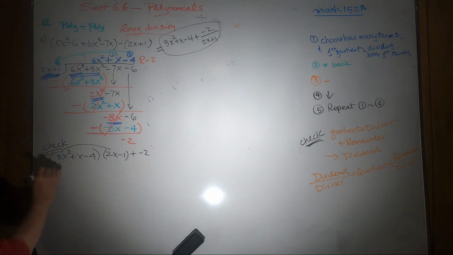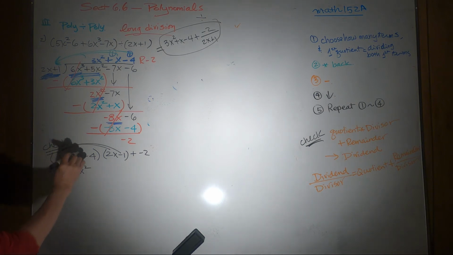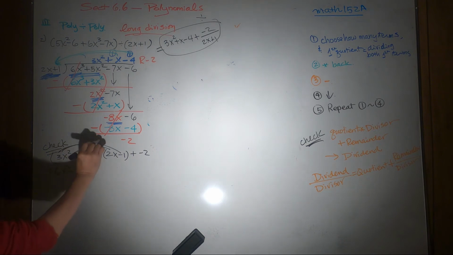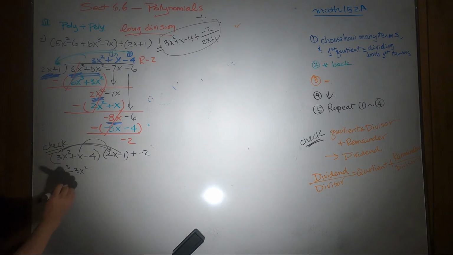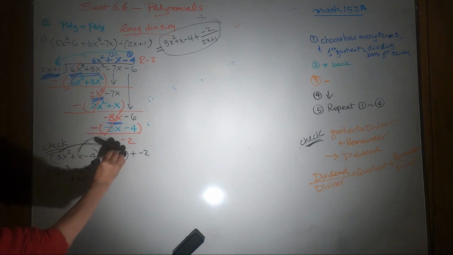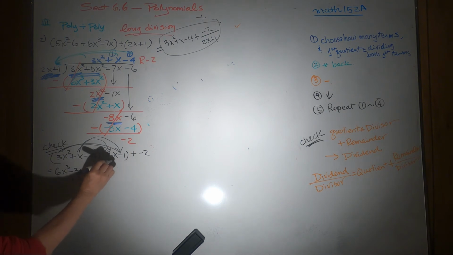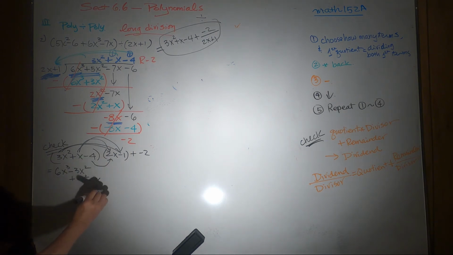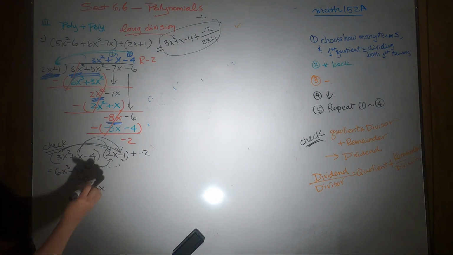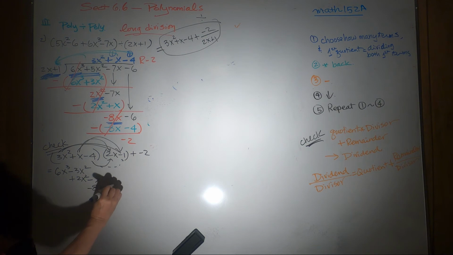This times this is 6x cubed. This times this is what? You have to distribute, 3x squared. Then do the second term, multiply everything on the back. X times 2x is plus 2x squared. Then x times this one is minus x. Then for the last term, times this is minus 8x. Then last one, minus 4 times minus 1 is plus 4.